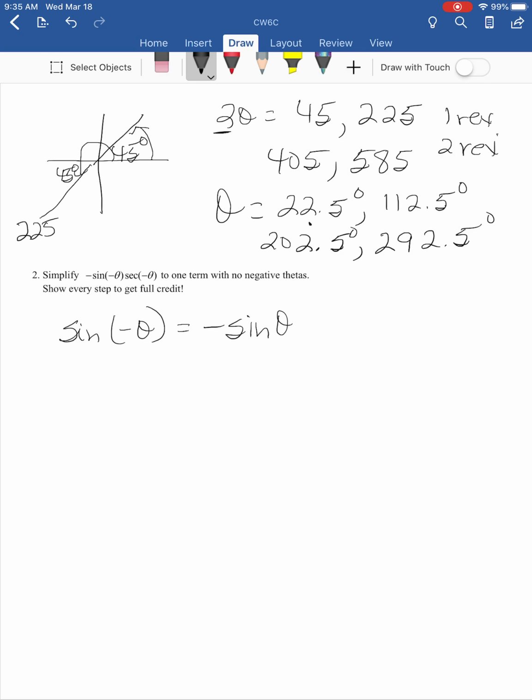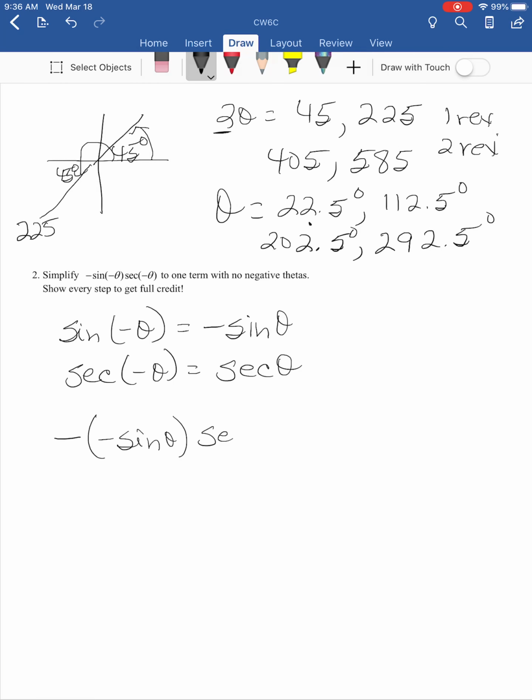Cosine of negative theta is just cosine. So secant of negative theta is secant. So this is the first thing that I would do. You have a negative in the problem, and then sine of negative theta is negative sine theta.